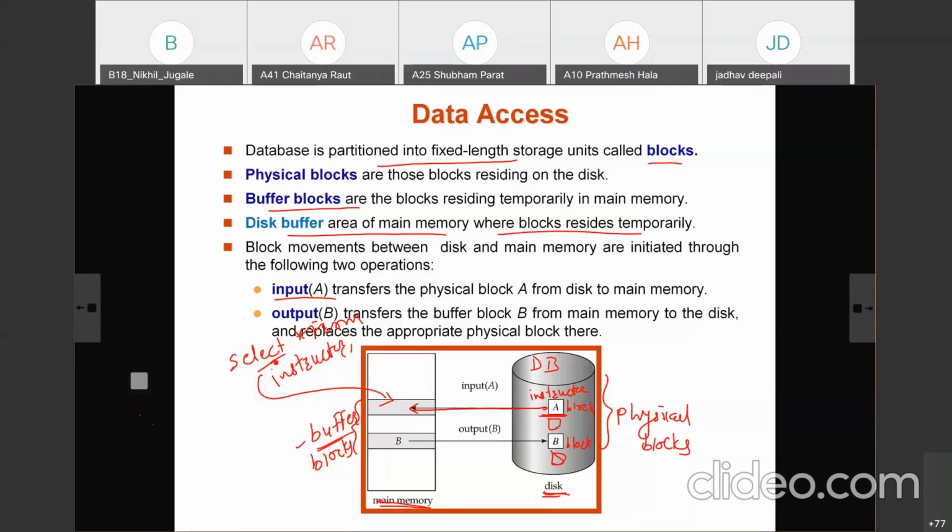Using these policies, the block whose work is finished and which is not required in the buffer is output back to the disk. For that, the operation output B is used. It transfers the buffer block B from main memory to the disk, using buffer replacement policies if required.